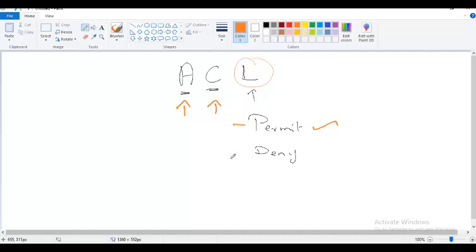A list of permits and deny statements, which will be referred to by the routers before forwarding to some destinations like a server or a computer or a network or another router.